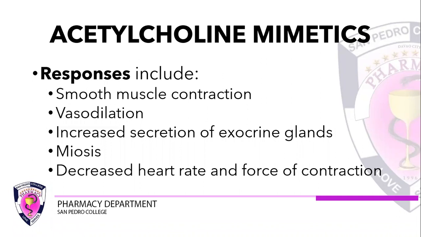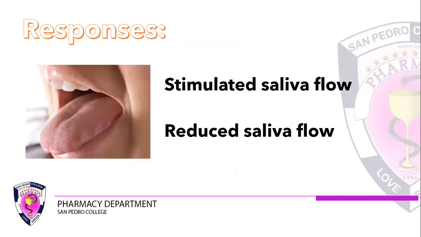Now, to better understand the action of acetylcholine binding to the muscarinic receptor, just remember the phrase: when the parasympathetic division is activated, rest and digest. So what are the responses of the body when you rest and digest?